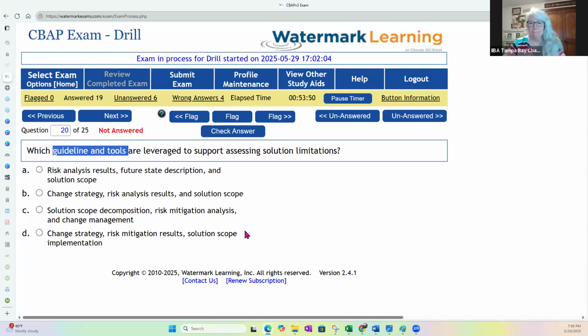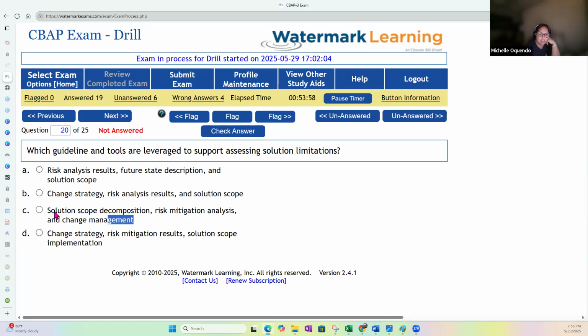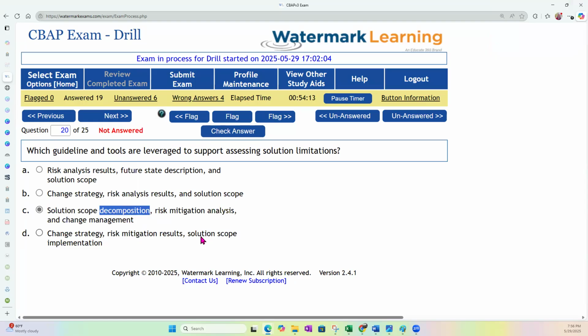What can we eliminate? C. D. There's no solution scope limit. Oh yeah, C, we said C is too. Because solution scope decomposition, I don't remember that. And then risk mitigation results, also not, maybe?